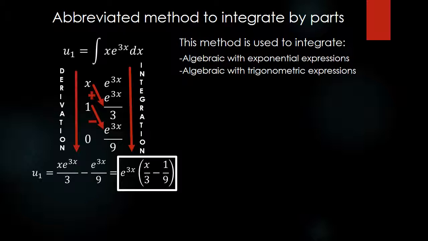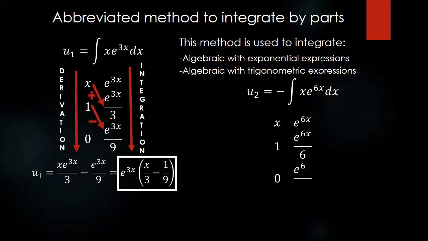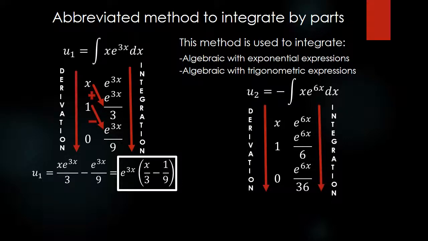Now we solve the second integration by parts. We put the variable x in the first column and the exponential in the second column. We derive 2 times the variable x until we obtain a 0.